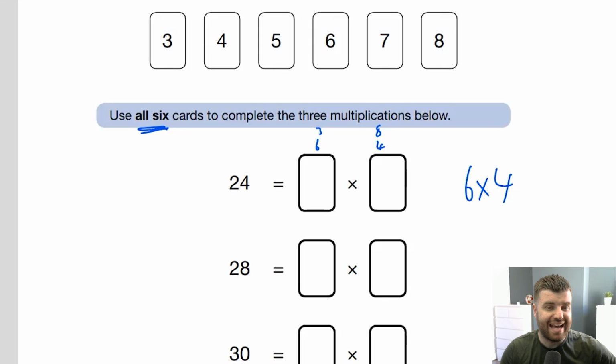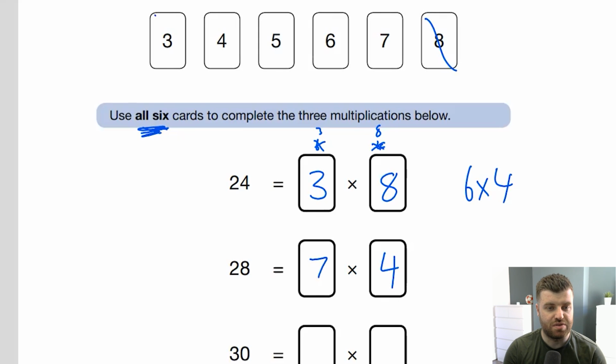Then we go to 28. How can we make 28? There's only one way. There aren't options here. The only way we can make 28 using these digits at the top is 7 multiplied by 4. And if we put 6 times 4 at the top, we'd get the question wrong because we have to use all 6 cards. So because we know 28 has to be 7 times 4, we can't use the 4 again at the top, which means this has to be 3 multiplied by 8.